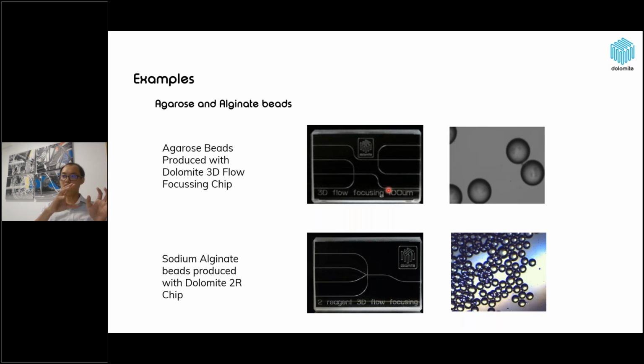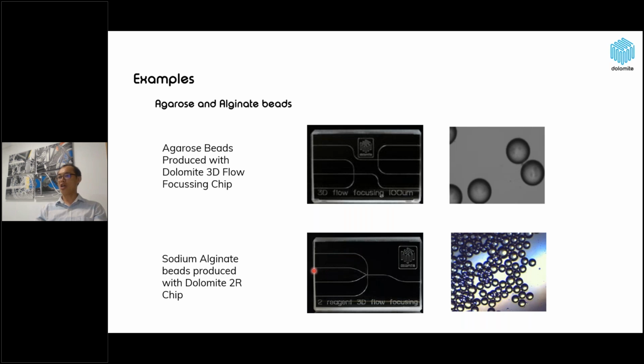In this case, agarose is heated over the melting point temperature and passed through the chip junction to make the droplet, and then cooling the droplet to generate a hydrogel bead. The second image shows the sodium alginate bead produced with the Dolomite 2 reagent chip. In this case, we're using a chemical treatment process.